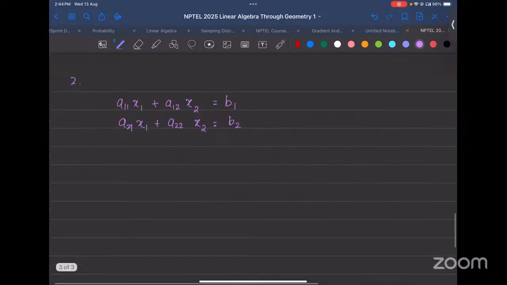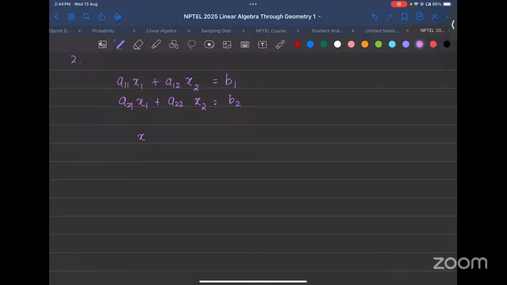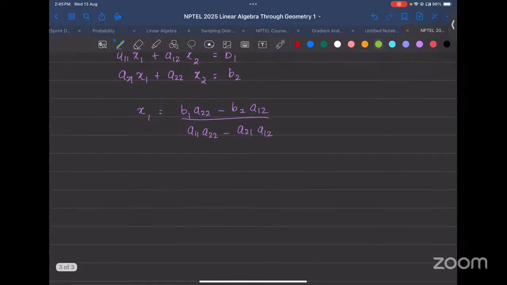You can very easily see that the solution is x1 equals b1 a22 minus b2 a12 divided by a11 a22 minus a21 a12. Similarly, x2 is given by b2 a11 minus b1 a21 divided by a11 a22 minus a21 a12.